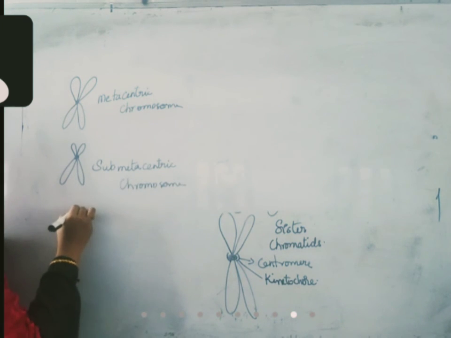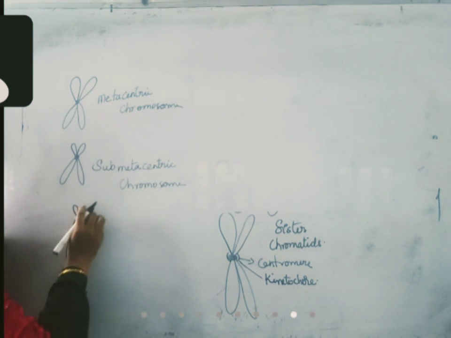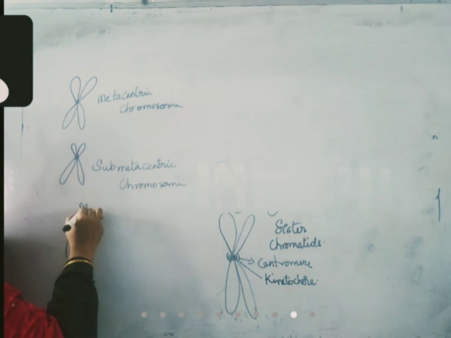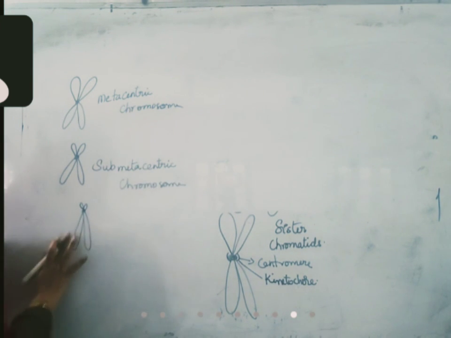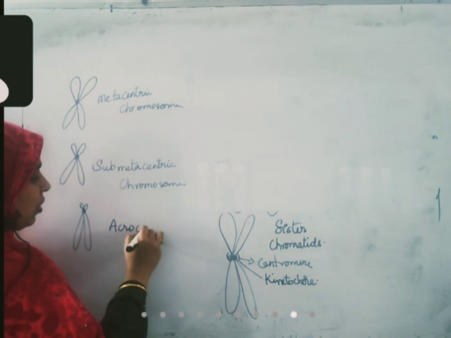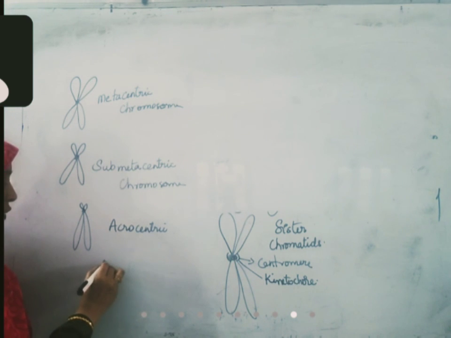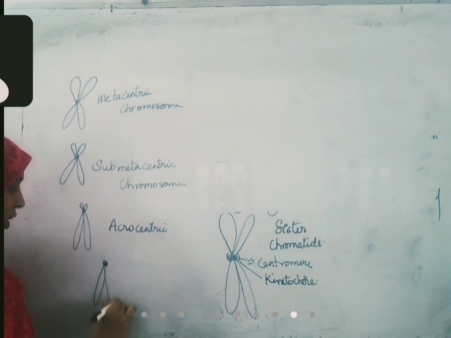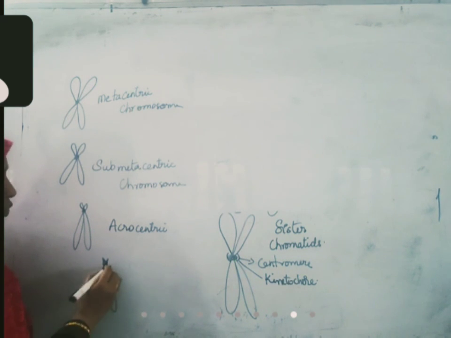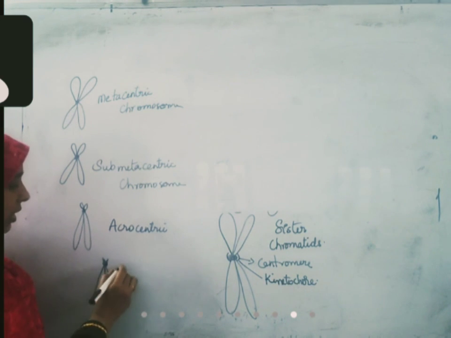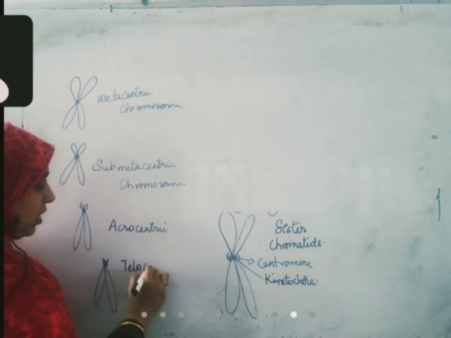When one arm is extremely smaller than the other, it is called an acrocentric chromosome. When the centromere is at the extreme corner and there are only two arms, it is called a telocentric chromosome.